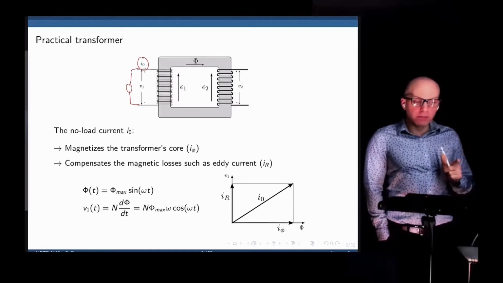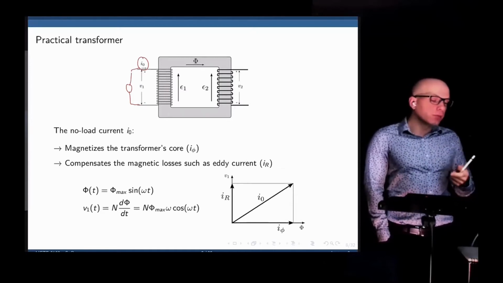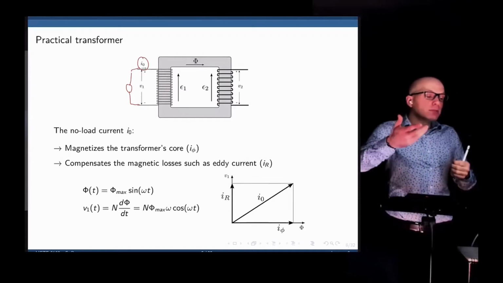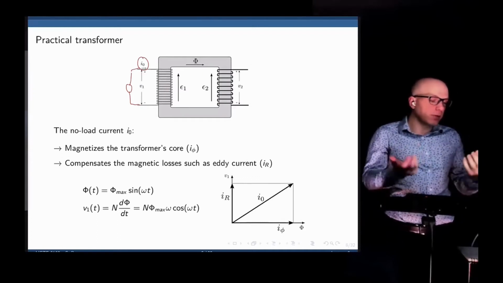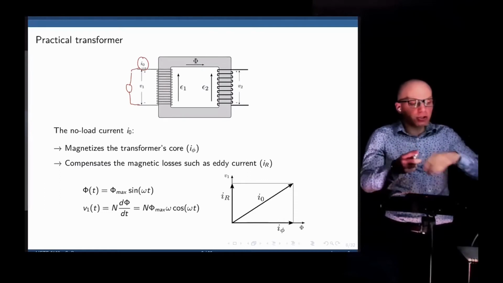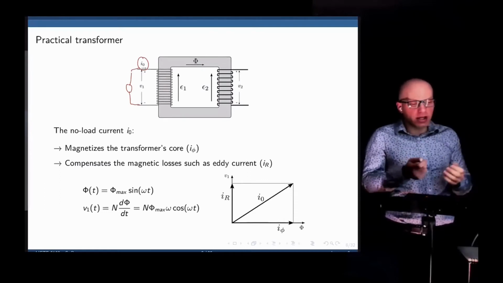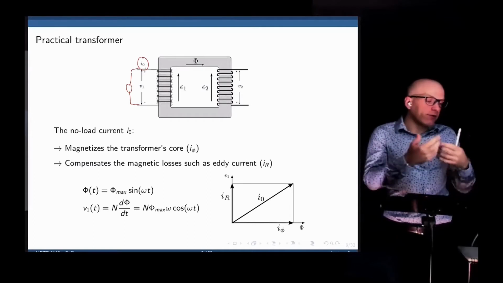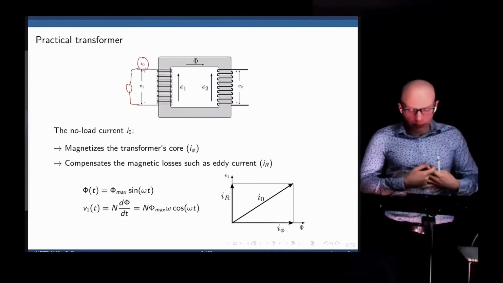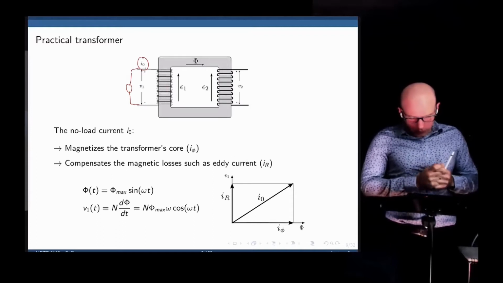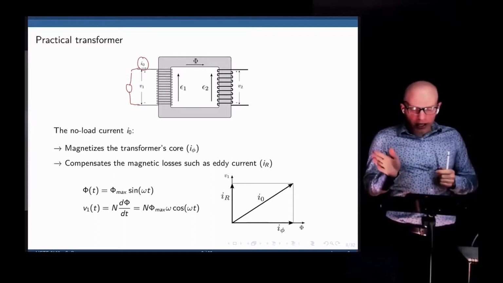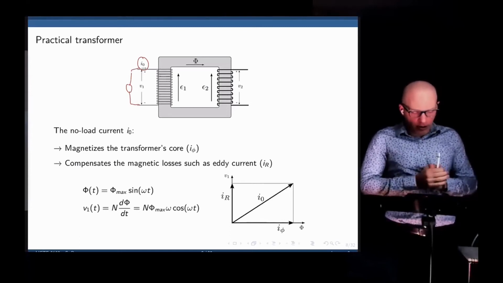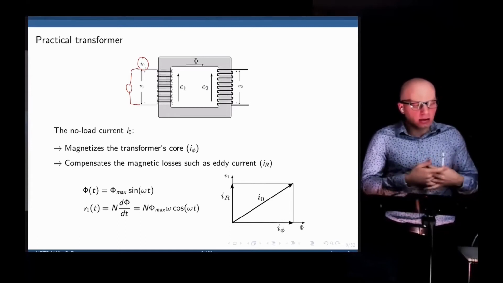The first one is to magnetize the core, to create this magnetic field that overcomes the reluctance of the magnetic core, establishes this first magnetic flux in the core. Because again, we have a finite permeability. The second part of I0 is dissipated in the form of heat, in the form of eddy currents in the magnetic core.